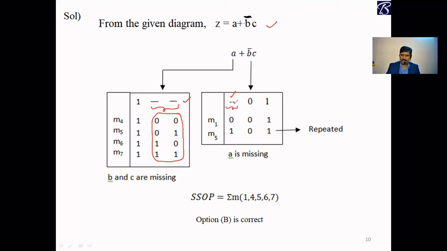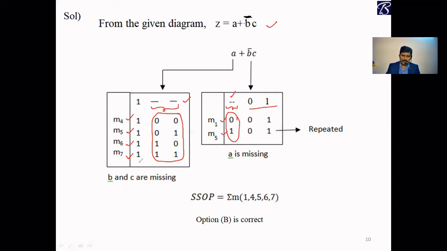For this hyphen, take the combination 0, 1. This 0, 1, let it be the same, 0, 1, 0, 1, right? Now write the minterms. 1, 0, 0 means M4, 1, 0, 1 means M5, 1, 1, 0 is M6, and 1, 1, 1 is M7. And here also 0, 0, 1 means M1, and 1, 0, 1 means M5.